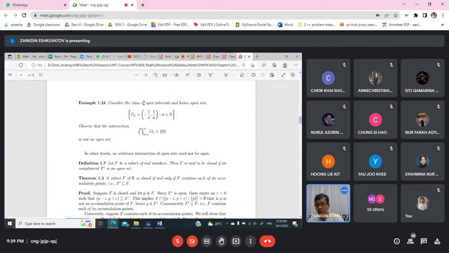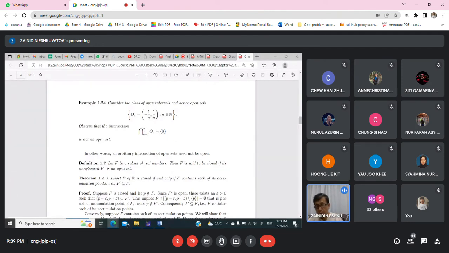You see how to find why this intersection gives only one point. It is an open interval, but the infinite intersection of open sets is not an open set. This is a good example, or we have the counterexample.